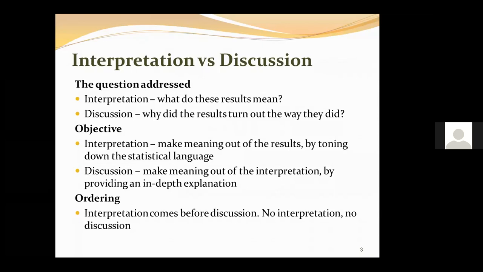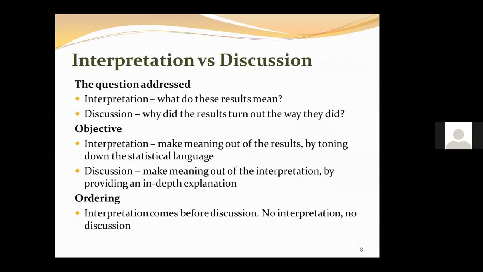In terms of objective, for interpretation, it's about making meaning out of the results, toning down the statistical language. Then for discussion, it's about making meaning out of the interpretation by providing an in-depth explanation.